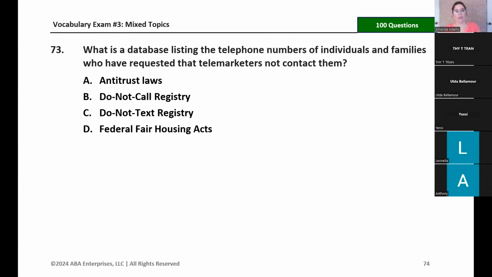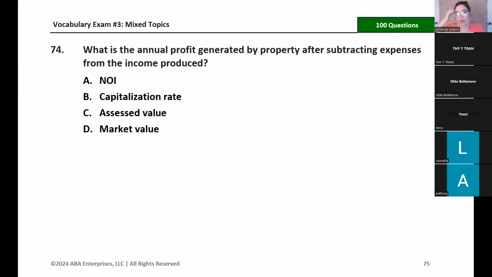All right. Number 73. What is a database listing the telephone numbers of individuals and families who have requested that telemarketers not contact them? Do not call me. Oh, I just gave you guys the answer. That is the B, the do not call registry. Number 74.